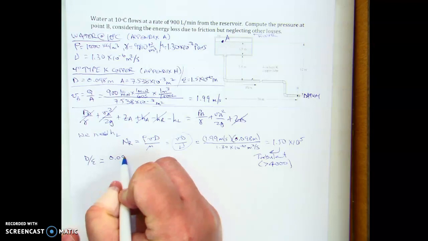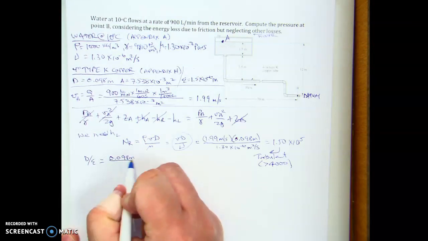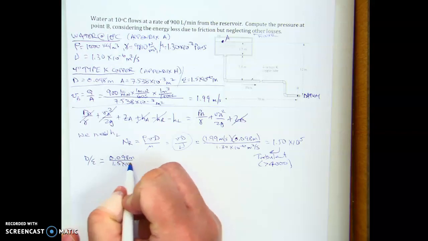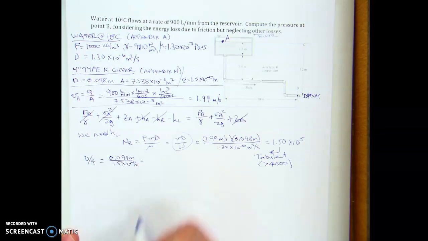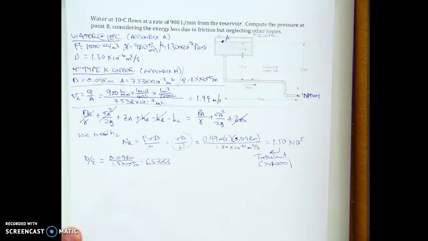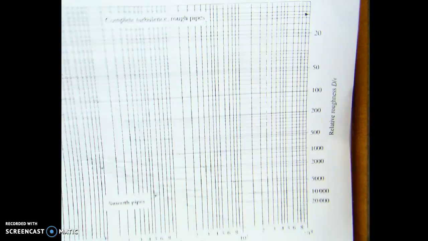Diameter 0.098 meters, epsilon 1.5 times 10 to the minus 6 meters, and that gives us a value of 65,333.